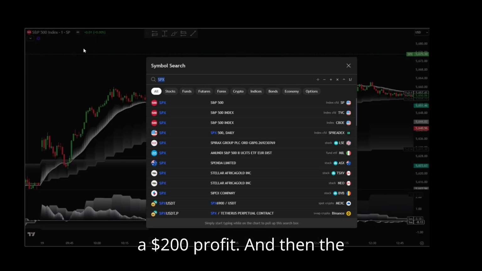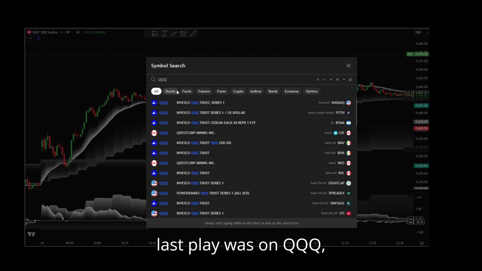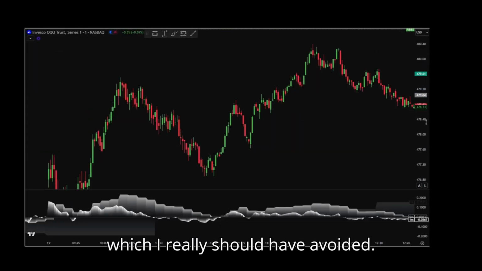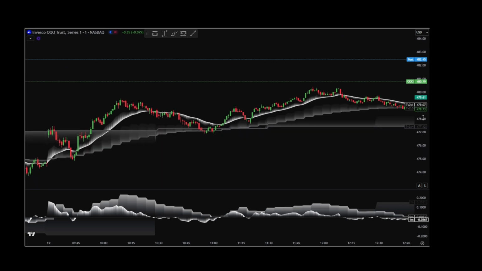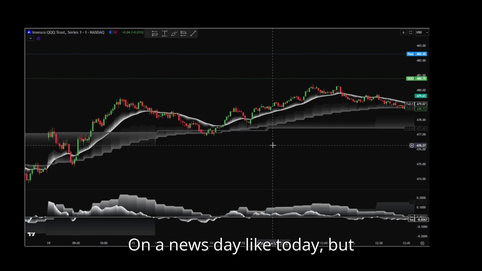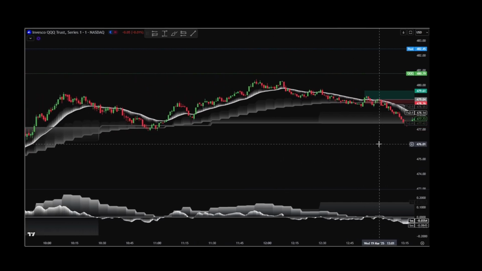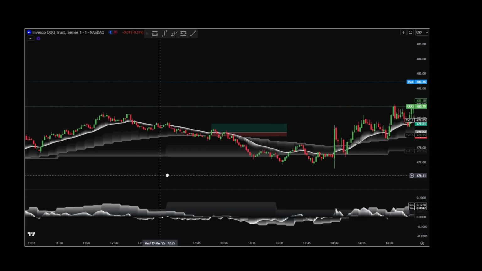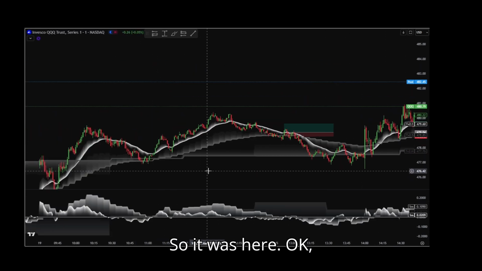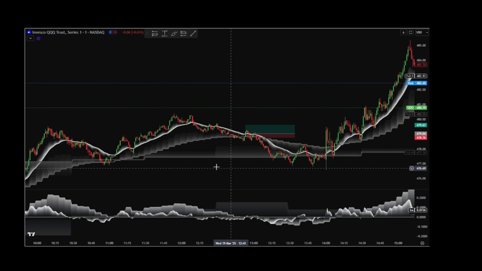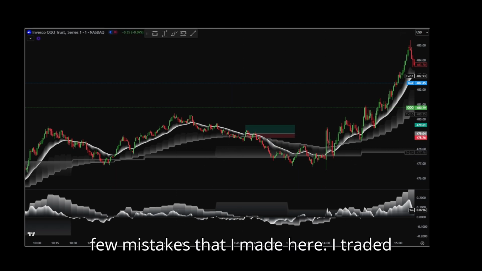And then the last play was on QQQ, which I really should have avoided on a news day like today. But where was this? So it was here. Okay, a few mistakes that I made here, right?